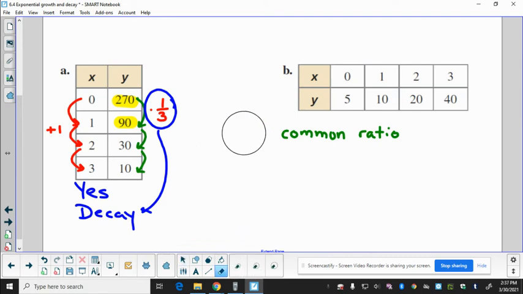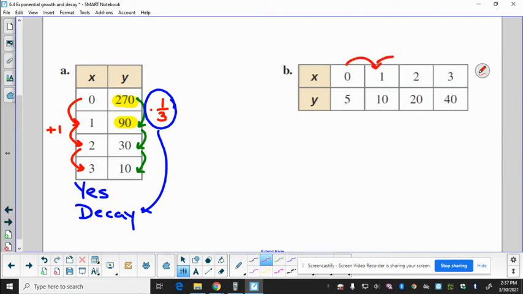All right, let's try another one, part B. What do you think's happening here? So the x numbers seem to be increasing at the same amount. Well, let's look at our y values, the output. Can you discover a pattern just by looking at it? I think it looks pretty obvious. This one looks like we are multiplying by 2 each time.